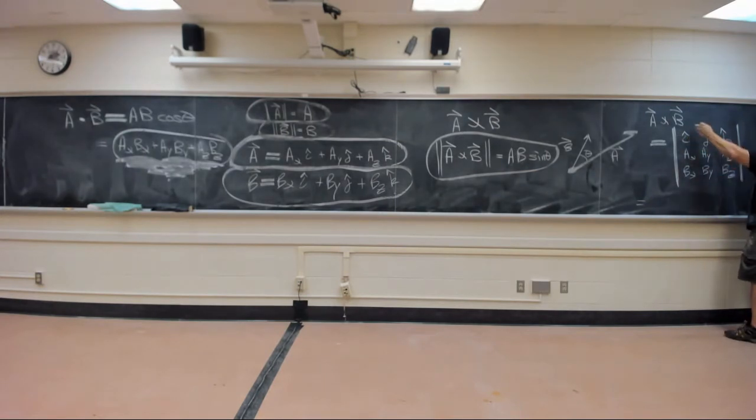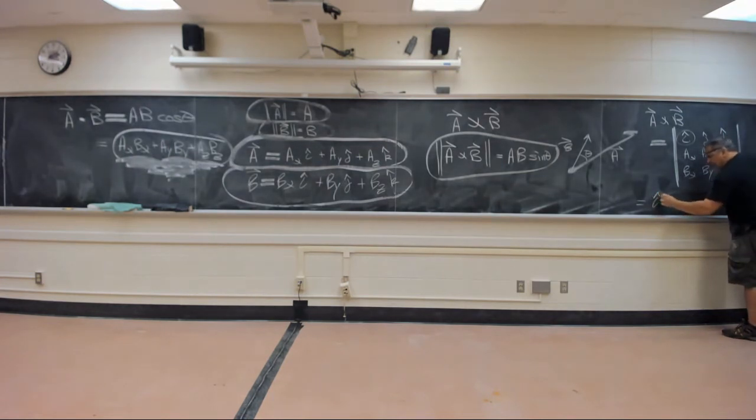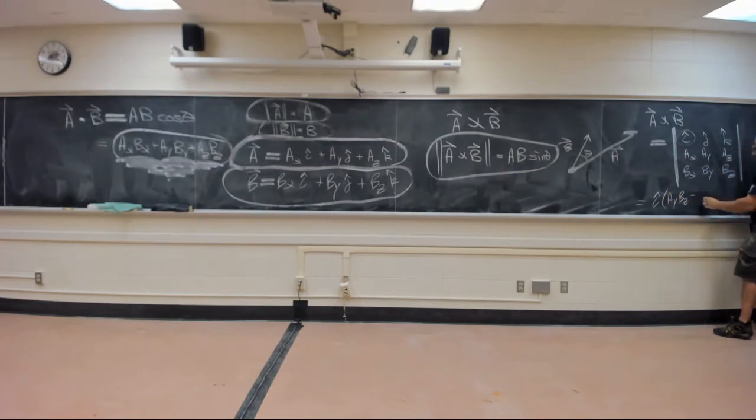Well, row 1, column 1. 1 and 1 is 2, which is even. This is going to be I hat times AYBZ minus AZBY, and there are a lot of ways to write this.